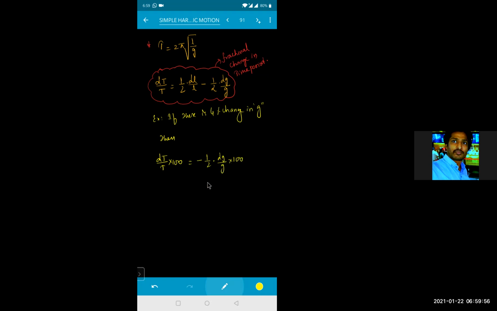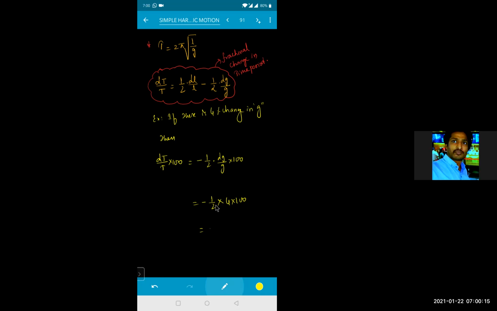This is your formula. So that equals minus half into dG by G, which is how much in the problem? 4%. So I can write this as half of 4, 2 ones are 2, twos are 4. So this will become how much? 2%.